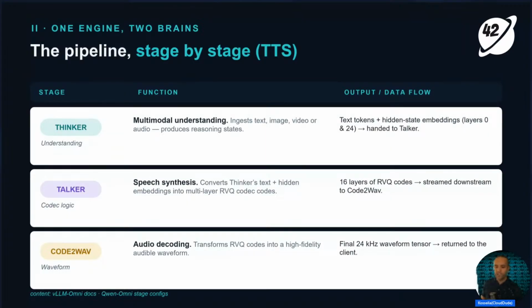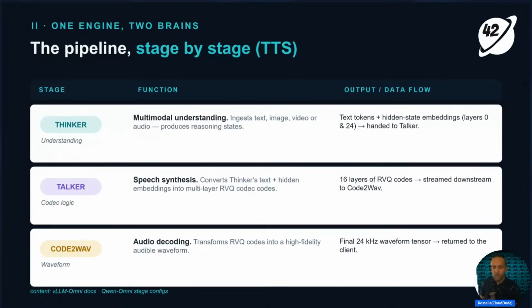It decodes those codes into a real audible audio waveform, like MP3, back to the client. So these 3 independent stages or engines handle understanding, the codec, and the waveform, which is responsible for the final format of the audio.